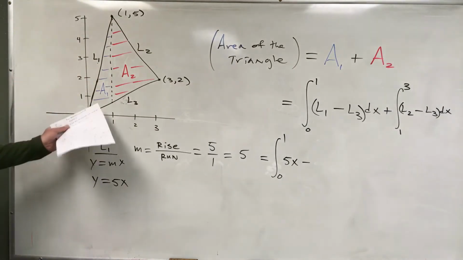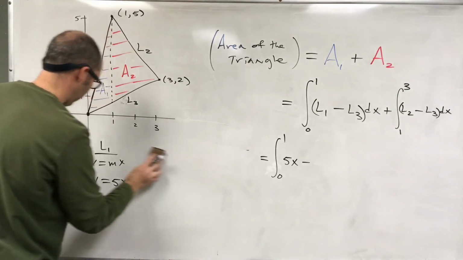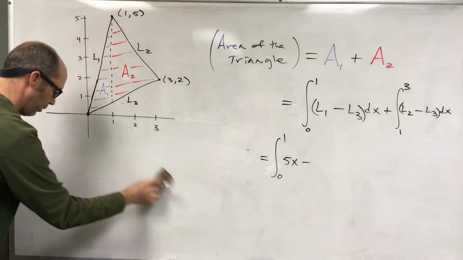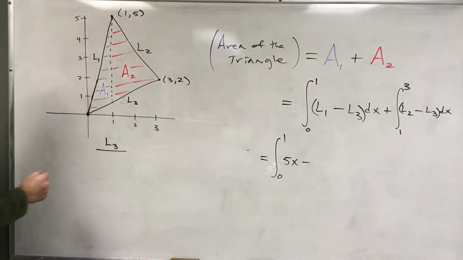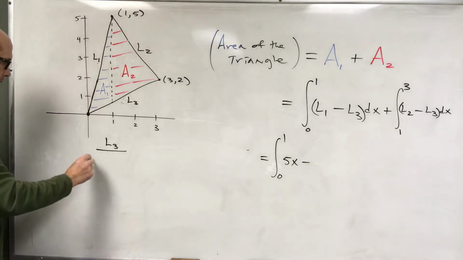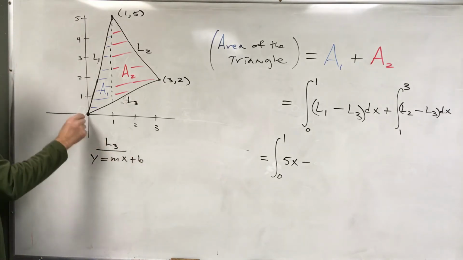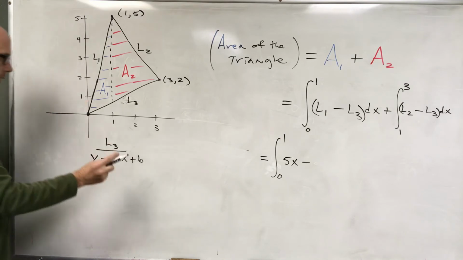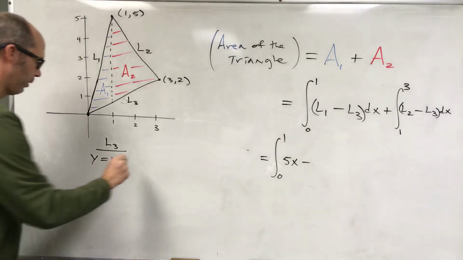Now let's figure out what L3 is. Again, y equals mx plus b. The y-intercept again is 0, so we just need to find the slope.